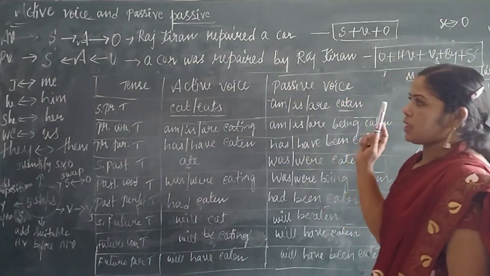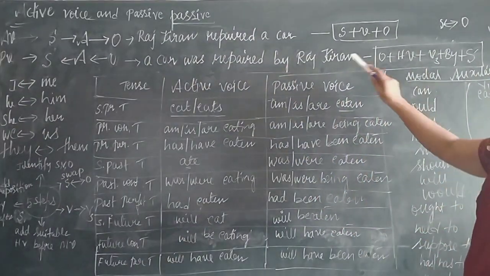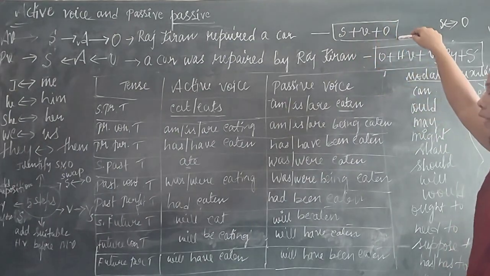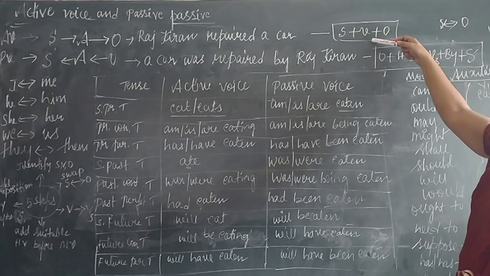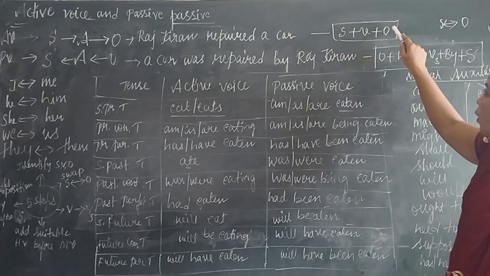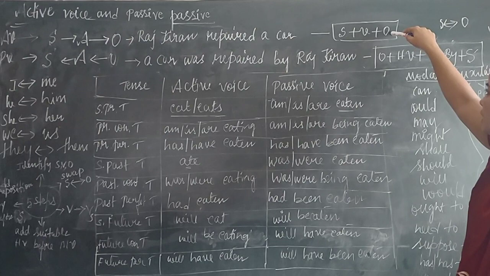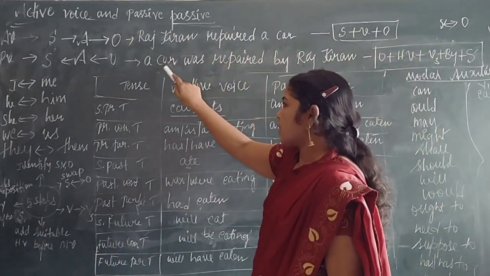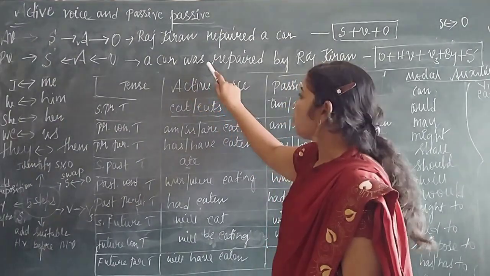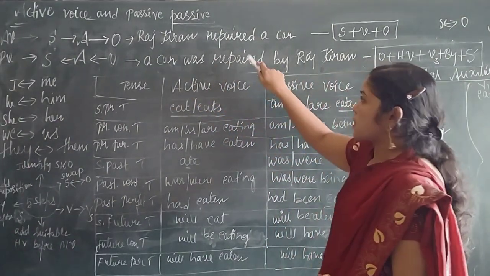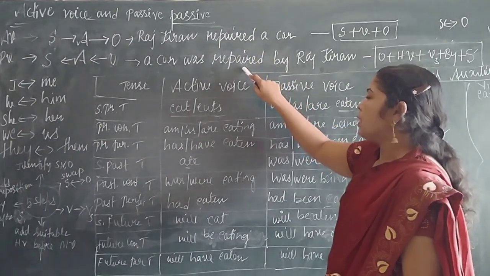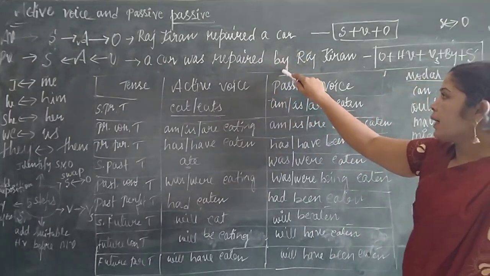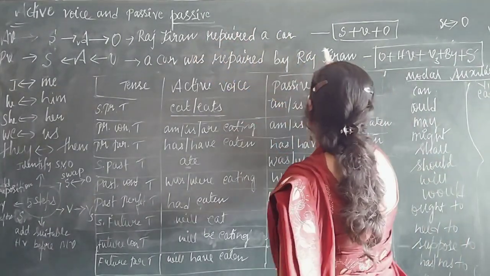So when it comes to the structure of active voice and passive voice, in active voice we will have a subject followed by the verb and followed by an object. The same sentence, if you write in passive voice, the object of this sentence becomes the subject of the second sentence. That is, a car, the object, comes here. And again you will have a helping verb, was, followed by the past participle form of the given verb, that is, repaired, a past participle, followed by by, and the subject comes at the end.